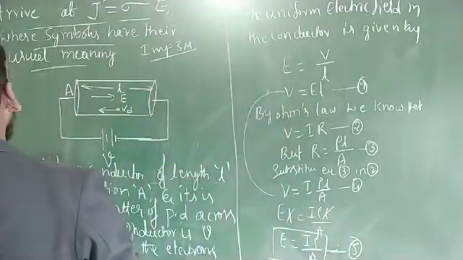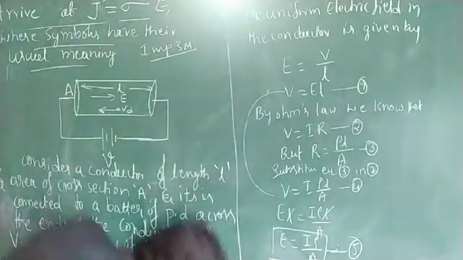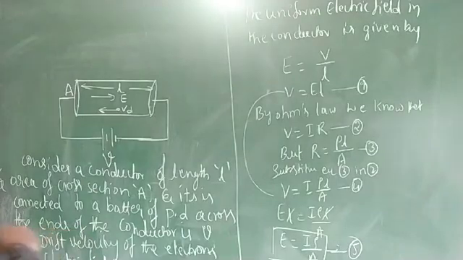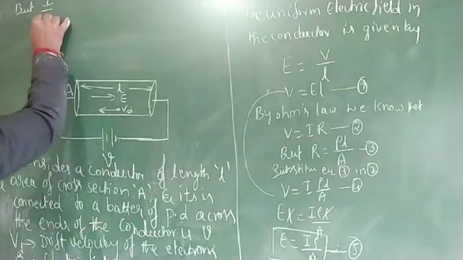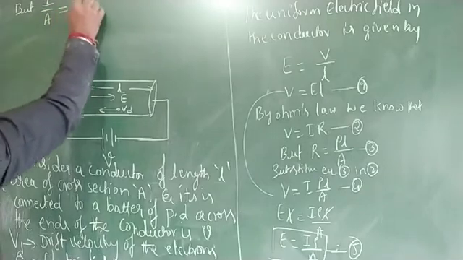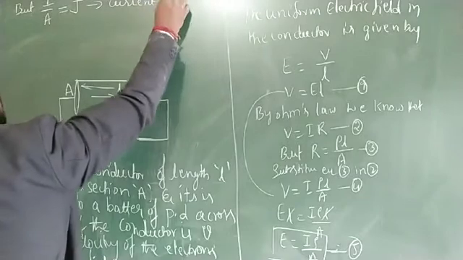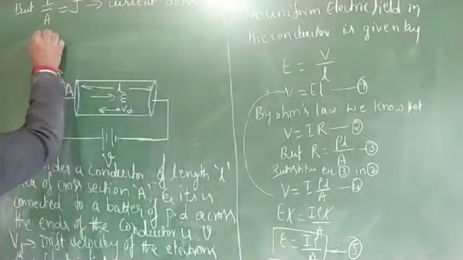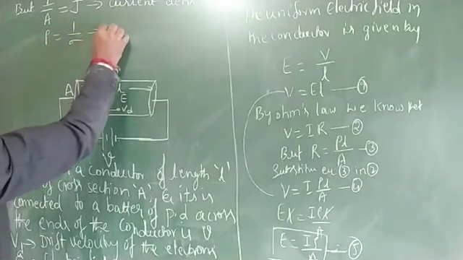But I divided by A is equal to J, that is current density, and rho is equal to 1 over sigma, where rho is resistivity.